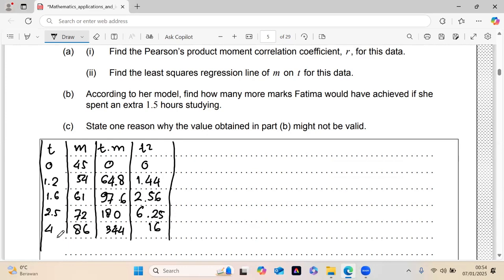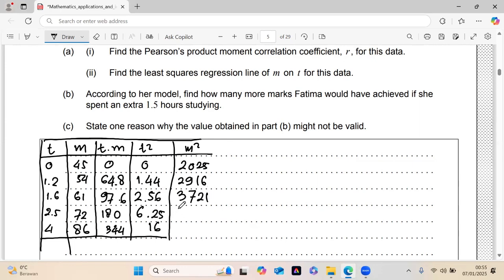Okay, after that, M squared. M squared are 2025, 2916, 3721, 5184, 7396.